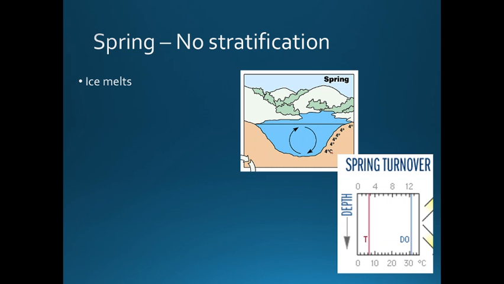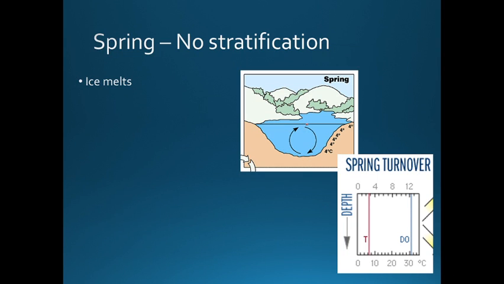So what we're going to do is start thinking about this in spring, okay? Let's say the ice has just melted, and the water is at 4 degrees Celsius. And remember, it's at 4 degrees Celsius because that is the highest density of water. At the bottom of the lake, you've got 4 degrees Celsius.